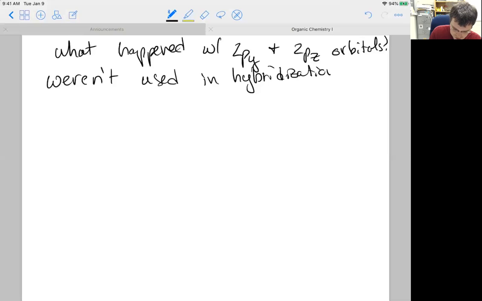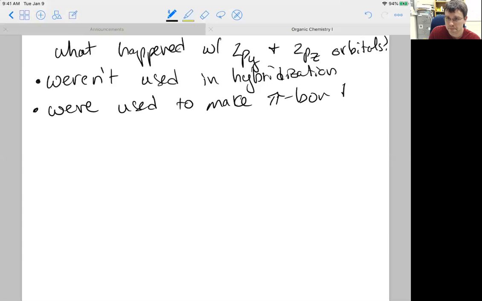Okay, that's important to know. They weren't used in hybridization, and instead they were used to make pi bonds. And we'll look at the orbitals of pi bonds in the next lecture. But for now, let's kind of stick with hybridization and the impact that pi bonds have on hybridization.